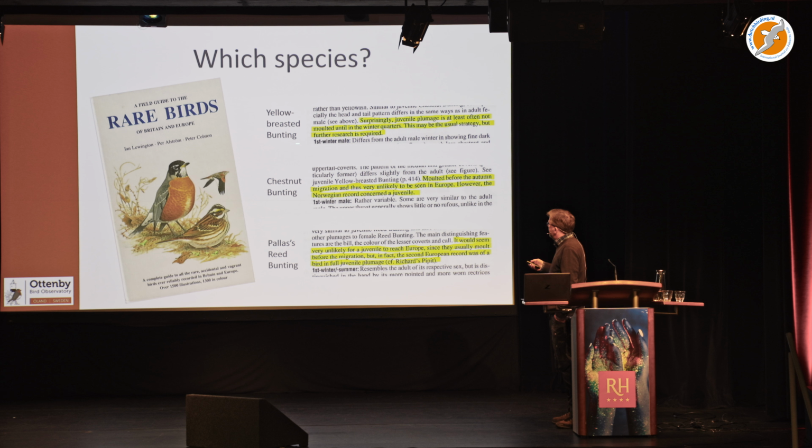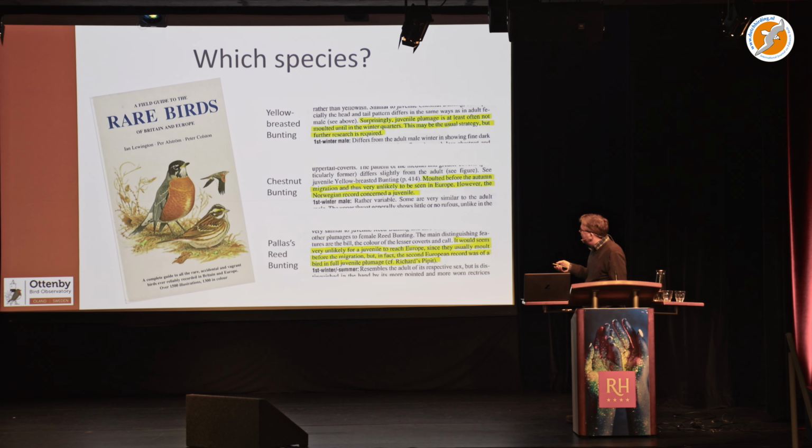For yellow-breasted bunting, he says that, surprisingly, the juvenile plumage is at least often not molted until the wintering quarters. This may be the usual strategy, but further research is required. But obviously, Per was on to something here, because this is very much true. This is how they do behave.